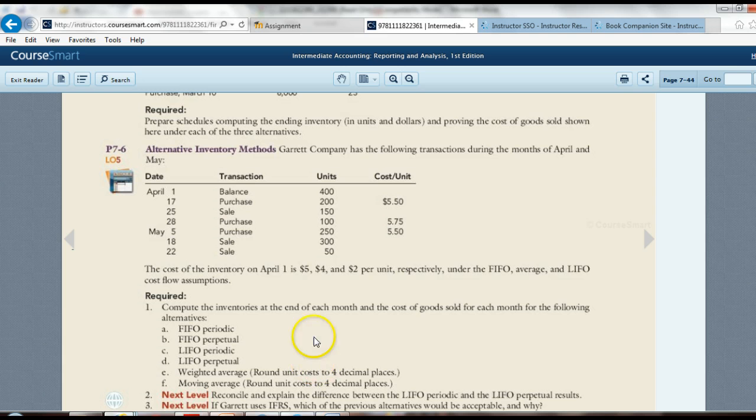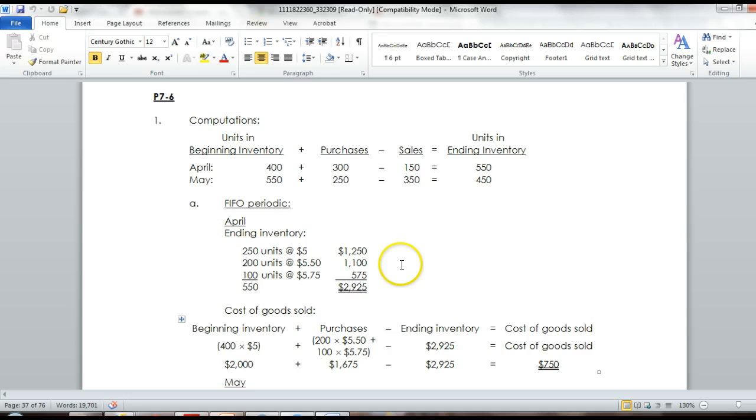Then we can see we purchased another 200 units at $5.50. And then on April 28th, another 100 units at $5.75. So we've got our 200 units at $5.50, another 100 units at $5.75.